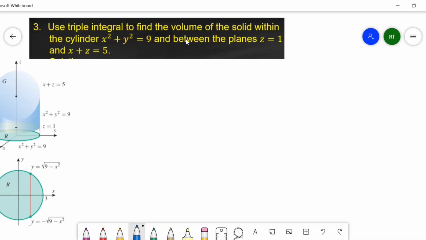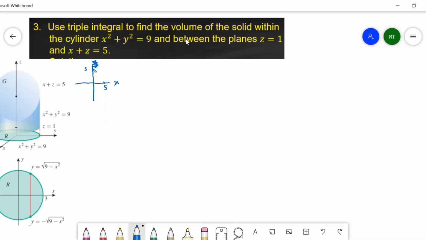By the way, if we have the x-axis and the z-axis, consider this as the z-axis, and this one is the x-axis. If we have x plus z is equal to 5, the x-intercept is 5 and the z-intercept is also 5.